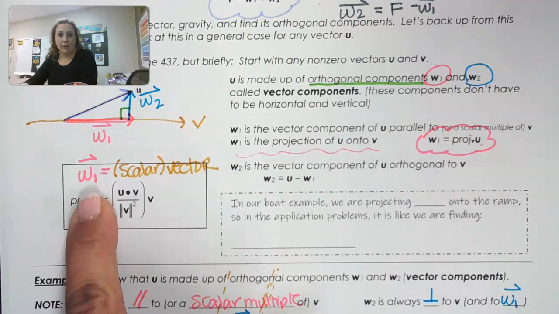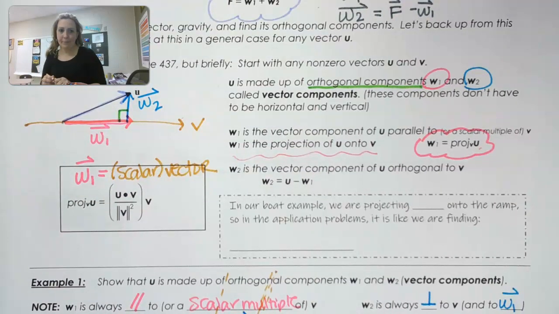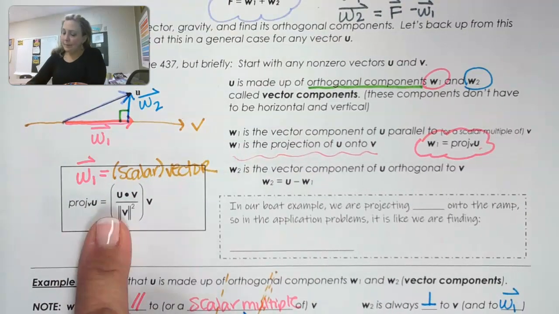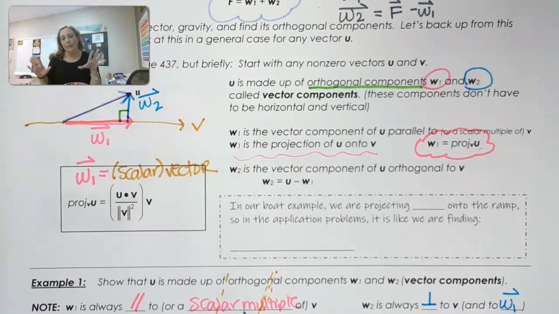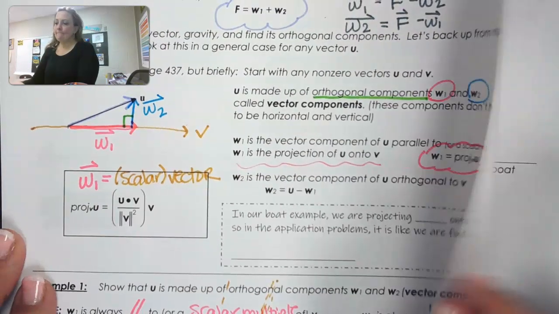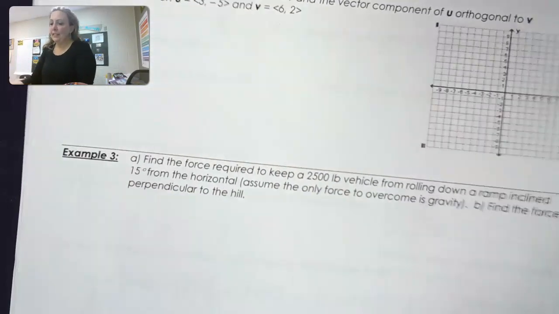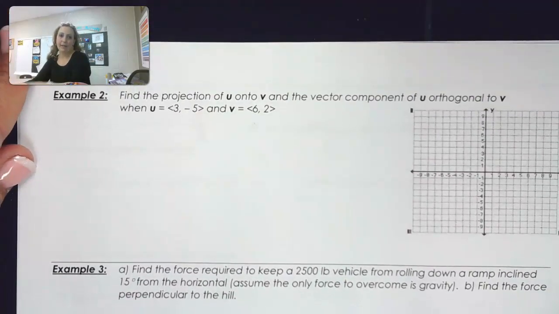W1 is some scalar times the vector V. Okay? But this is the formula that we're going to use for that projection. Okay? So before we get into the story problems, let's look at an example just so we can practice this formula.